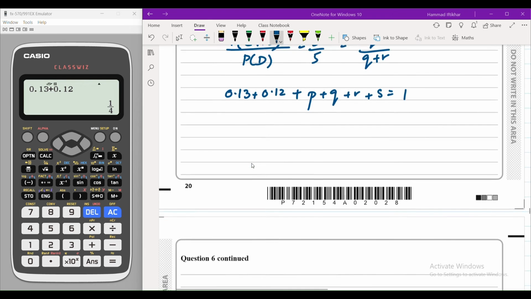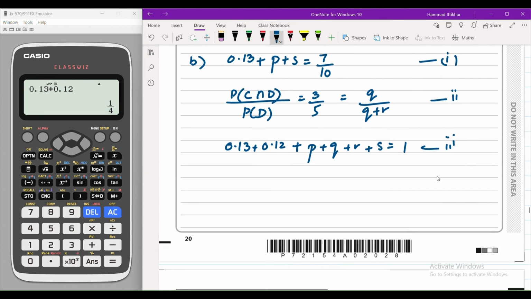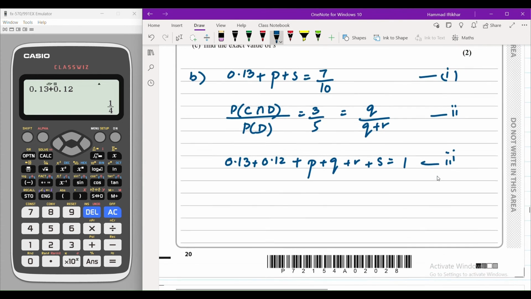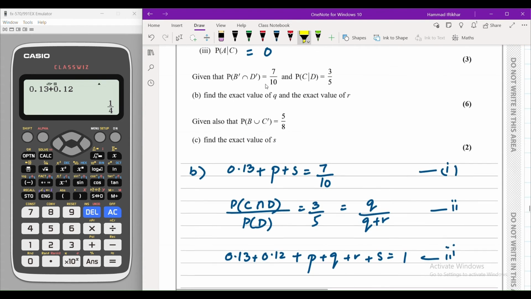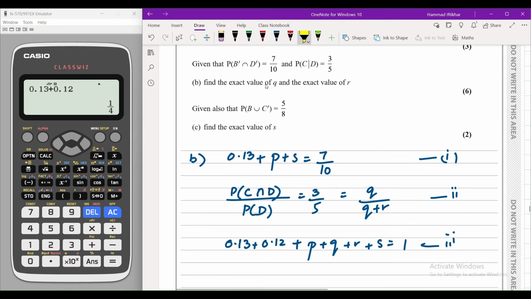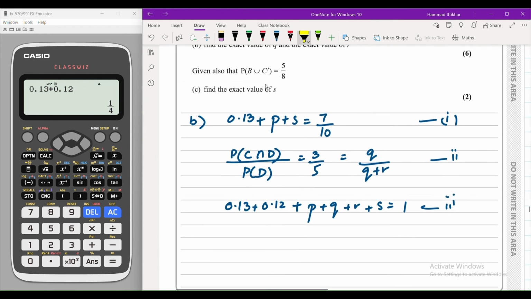From this, we have this equation, second equation, and the third equation. They haven't exactly told us to find P, but without P we can't find out Q and R. So let's find out the P and S first.